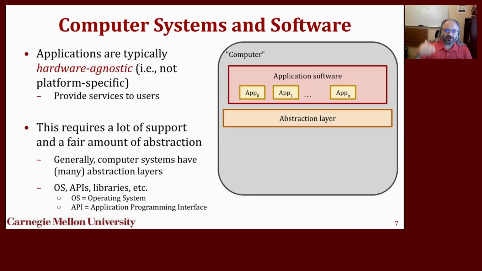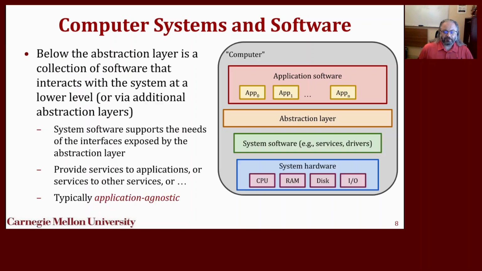So this abstraction layer allows the software to not have to care. And this is great if you're writing high-level applications. This is not necessarily great if you're trying to do things at very low levels within the computing platform.